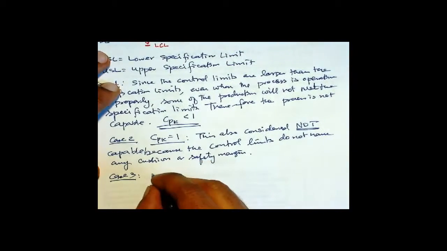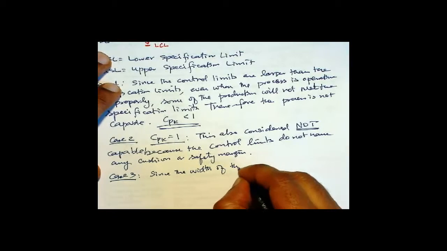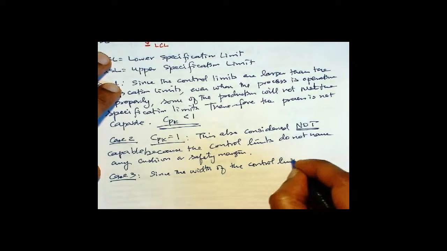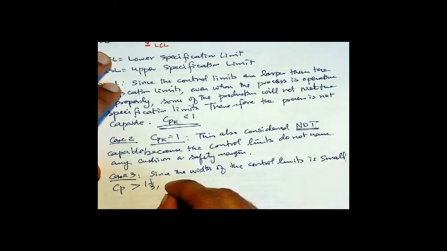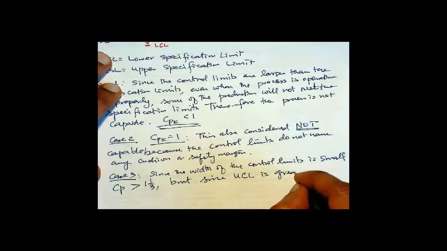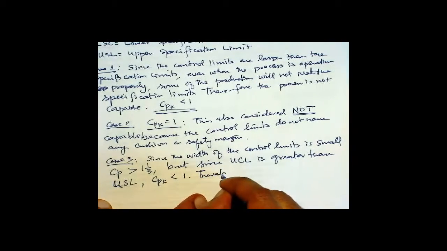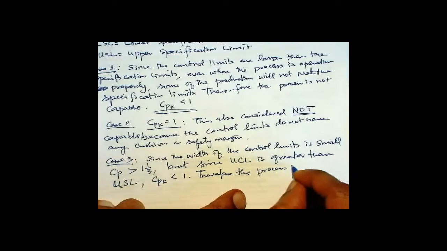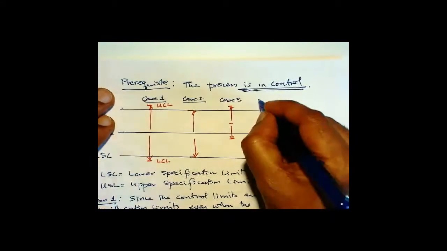Here, since the width of the control limits is small, C sub P is probably greater than 1 1/3, but since upper control limit is greater than upper specification limit, C sub Pk will be less than 1. Therefore, the process is not capable.